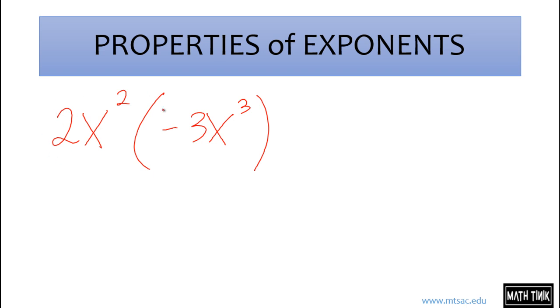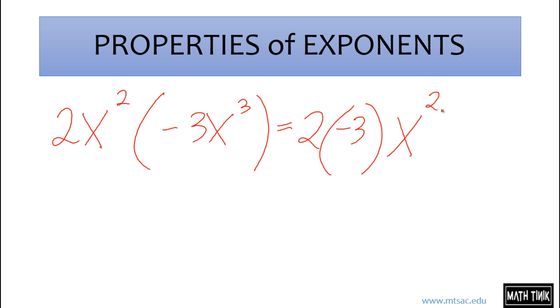If there are coefficients, what you have to do is just multiply the numbers. So you can write it like this, 2 times negative 3. This is the coefficient of our first term, and this is the coefficient of our second term. And write the base, and then apply the product rule.